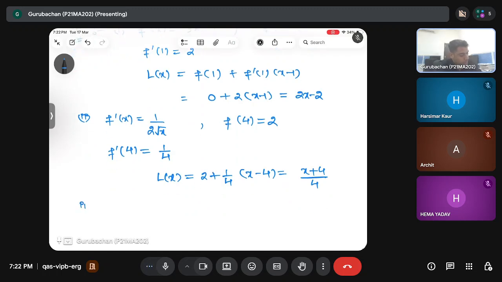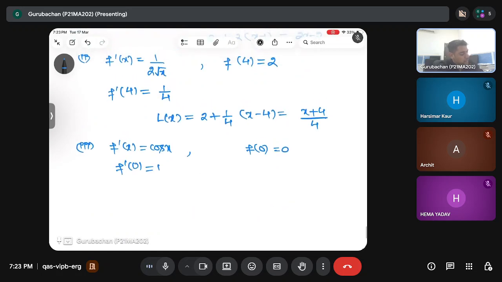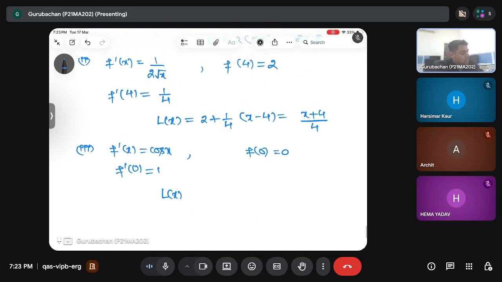Third one is f(x) = sin x; the derivative of sin x is cos x. f'(0) is 1, but f(0) is 0. Thus by linearization we can say that this will be 0 plus 1 times (x minus 0), which is exactly the linear function x.